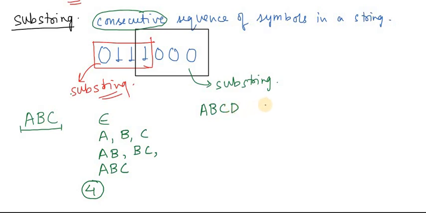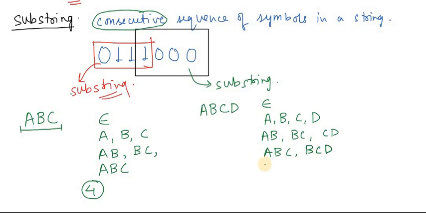Now let us take a string of length 4, A, B, C, D. How many substrings can I form? First, the substring of length 0, that is epsilon. Then substrings of length 1: A, B, C and D. Then substrings of length 2: AB, BC, CD. Then substrings of length 3: ABC, BCD. Then a substring of length 4, only one possible, that is ABCD.